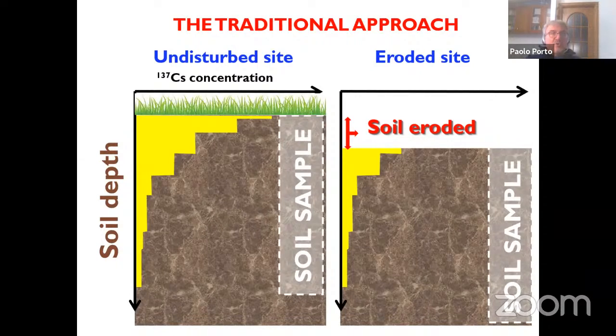This approach will give you one value of soil loss, clearly, for each sampling point. If you have, for example, 10, 50, or 100 sampling points, you will have 10, 50 or 100 mean values of soil loss, okay?